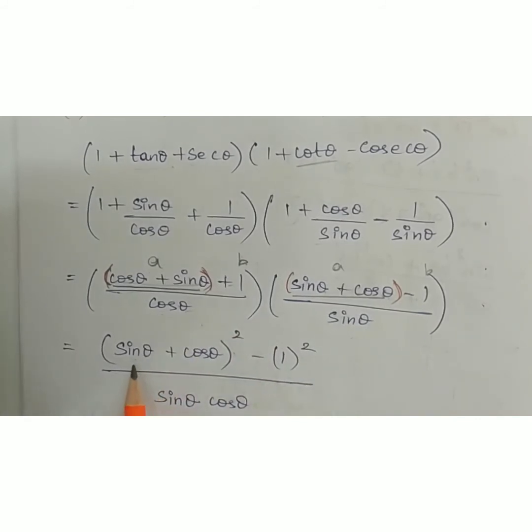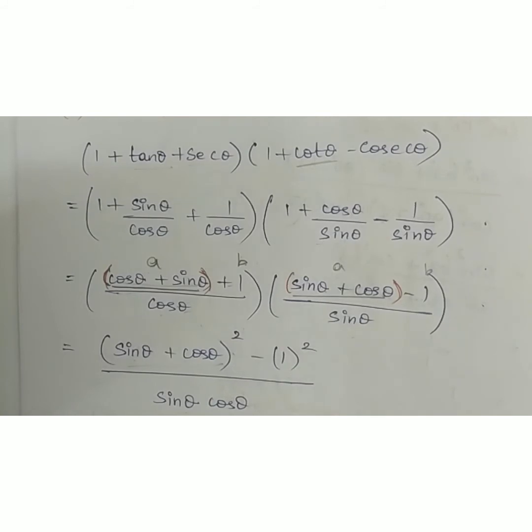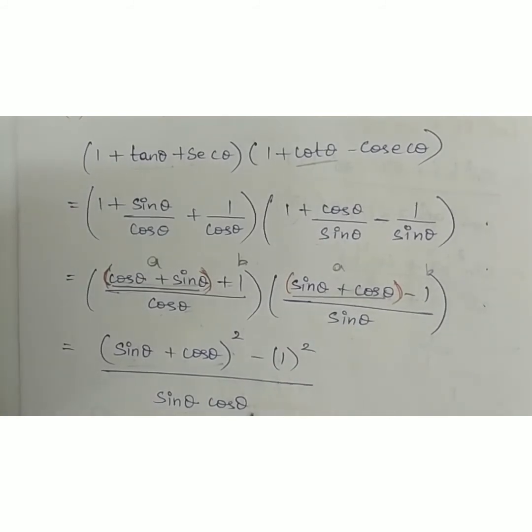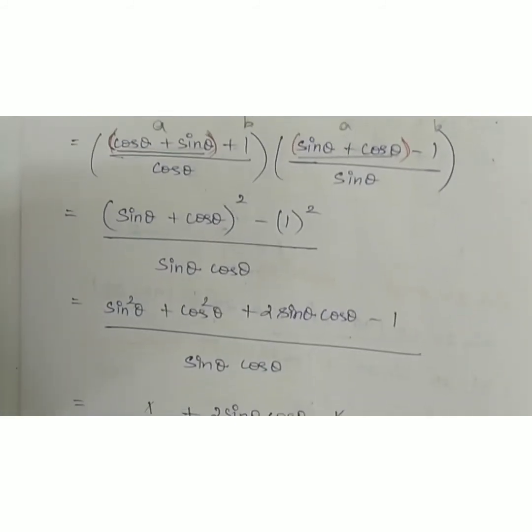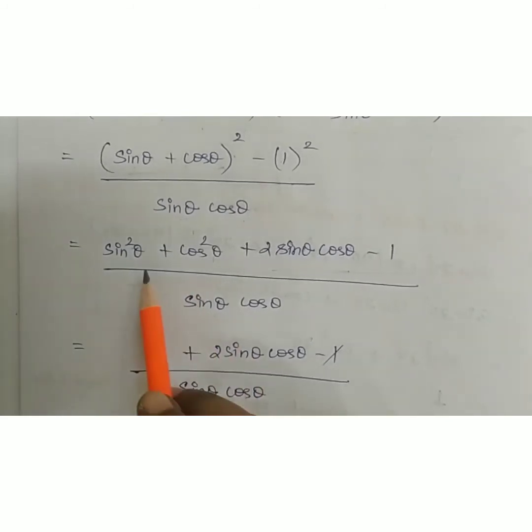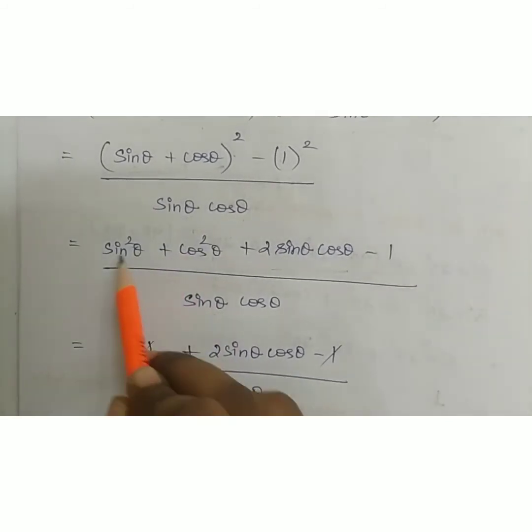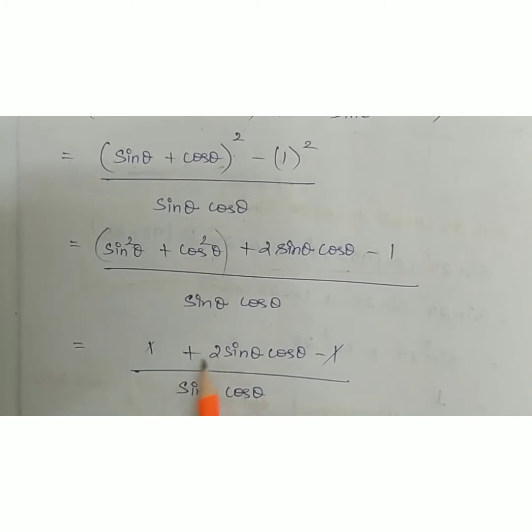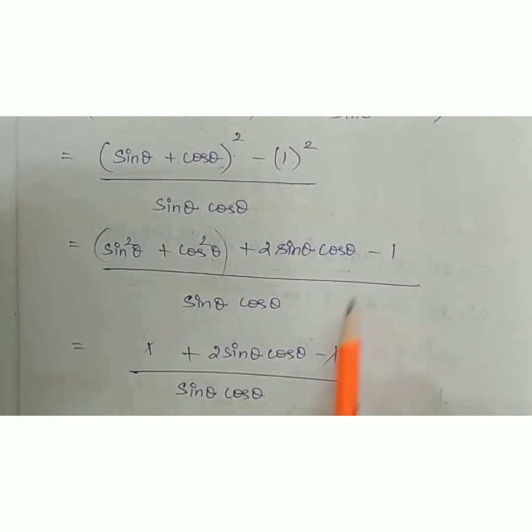So you expand this. A plus B the whole square. So A square plus B square plus 2 into A into B, minus 1 by sin theta cos theta. Sin square plus cos square is 1, plus 2 sin theta cos theta, minus 1 by sin theta cos theta.